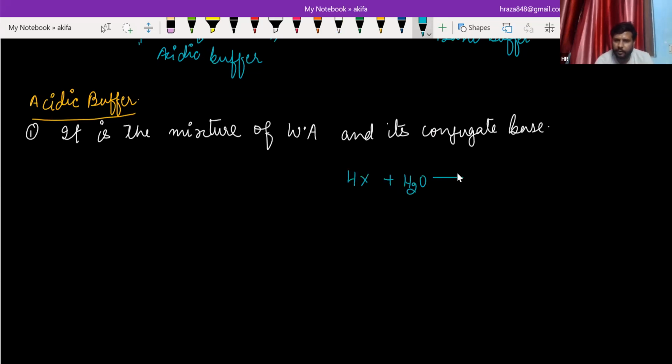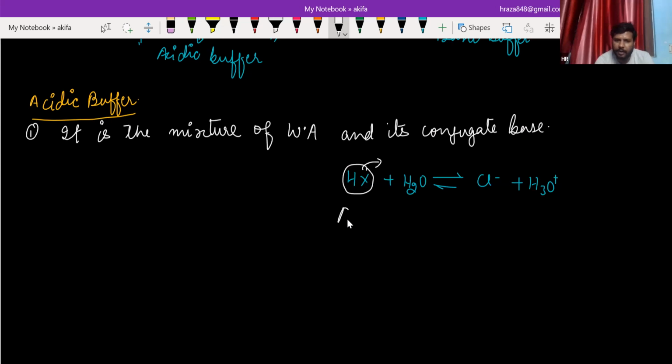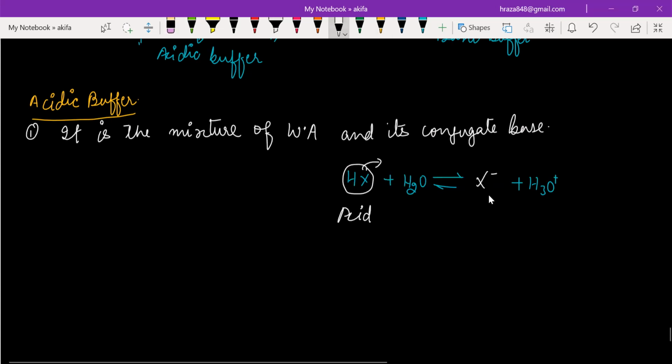If it will react with each other, it will give Cl minus and H3O positive. Yes or no? Yes. Now, this HCl is donating H plus. That means acid. Yes or no? Yes. And it is converted into Cl minus.